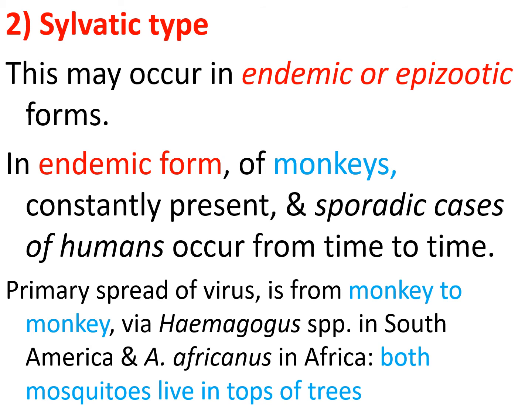Sylvatic type, the jungle type. This may occur in endemic or epidemic forms. In the endemic form, monkeys are constantly present and sporadic cases in humans occur from time to time. Primary spread of the virus is from monkey to monkey via Haemagogus species in South America and Aedes africanus in Africa. Both mosquitoes live high on the tops of trees.